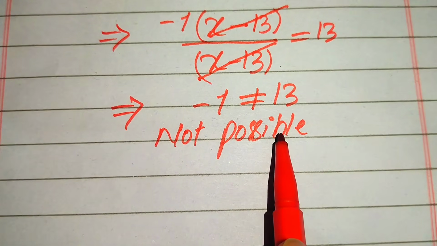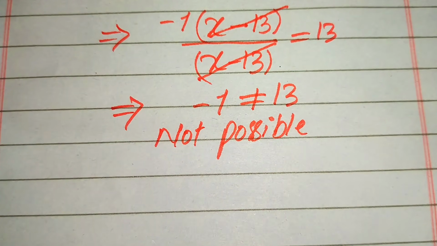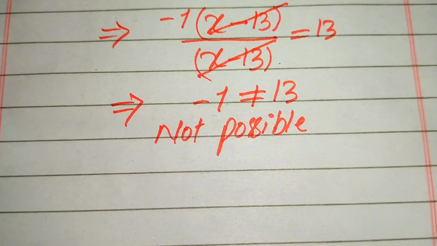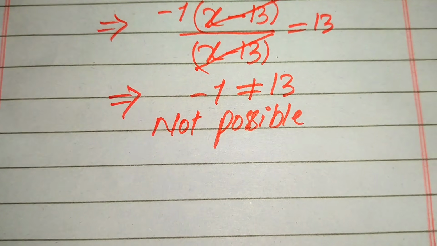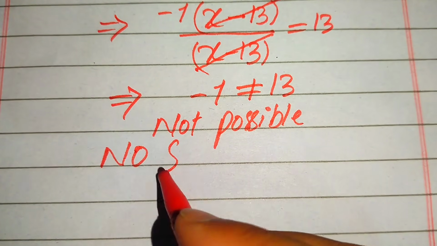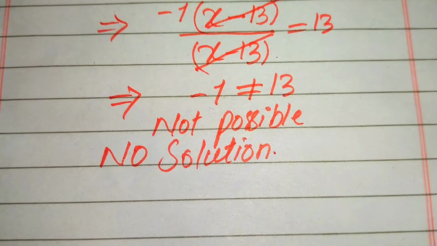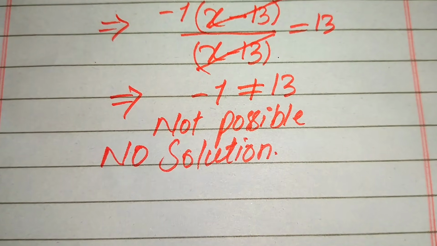So if these two values are not equal, this concludes that in the second method we cannot get any value of x which satisfies our given question statement. So this means that this question has no solution. Also in the second method, we cannot get any extraneous root, because we cannot get any value of x, or any roots of this equation.